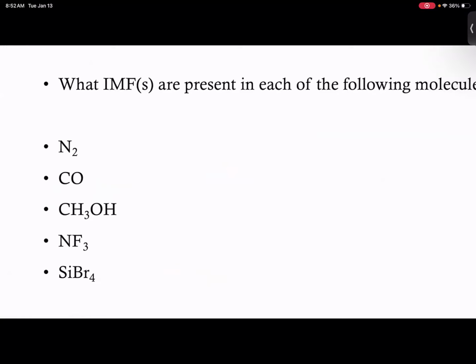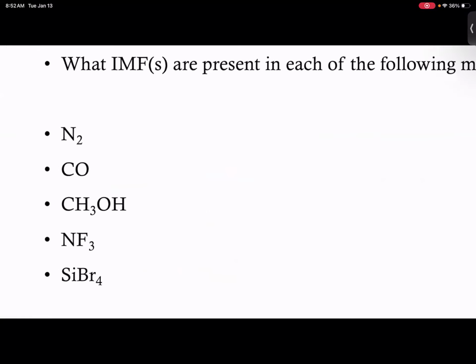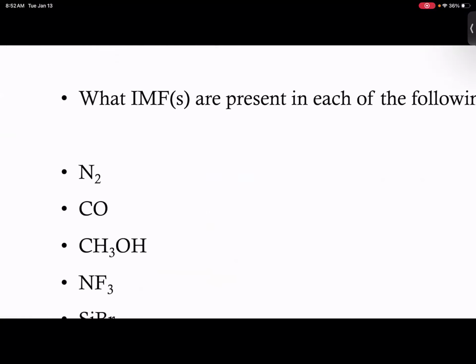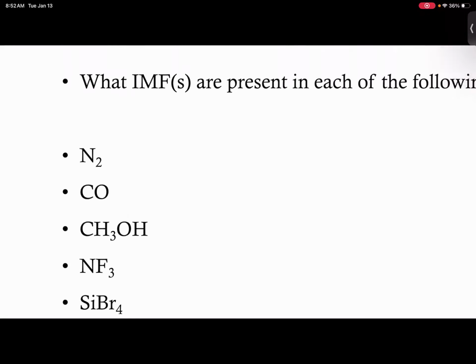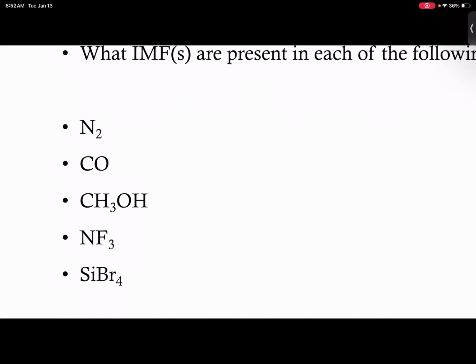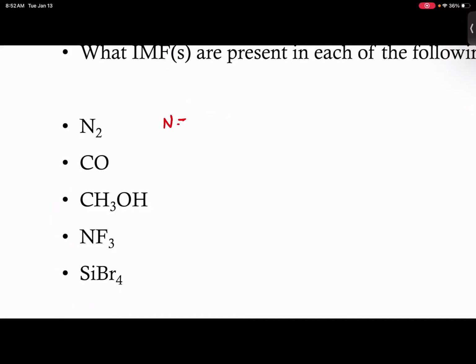So one of the big things you need to be able to do is determine what IMF is present in molecules. Let's use some of these things up here to help us. N2 is nitrogen triple bond nitrogen.